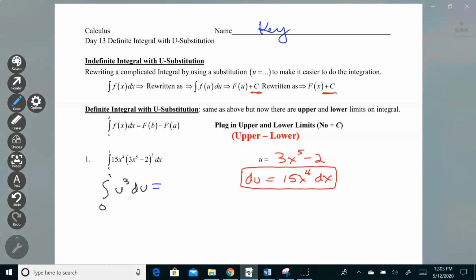And we did this last class, and we said this was 1/4 u to the fourth, and then we put down plus c. That was for the indefinite integral. This is the definite integral, so we're going to evaluate it from 0 through 1.